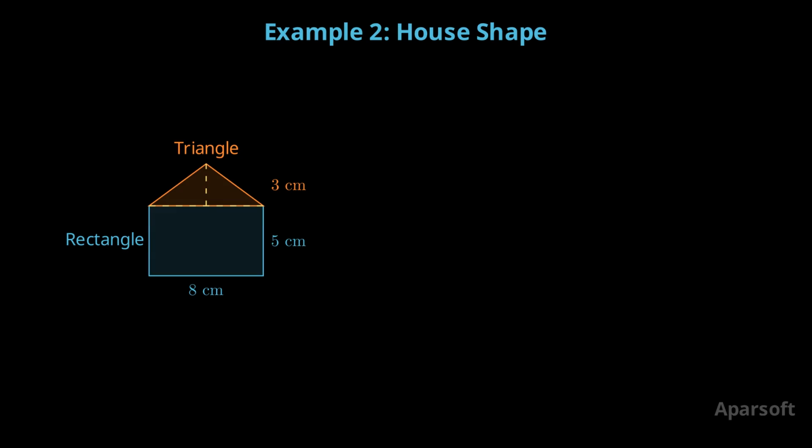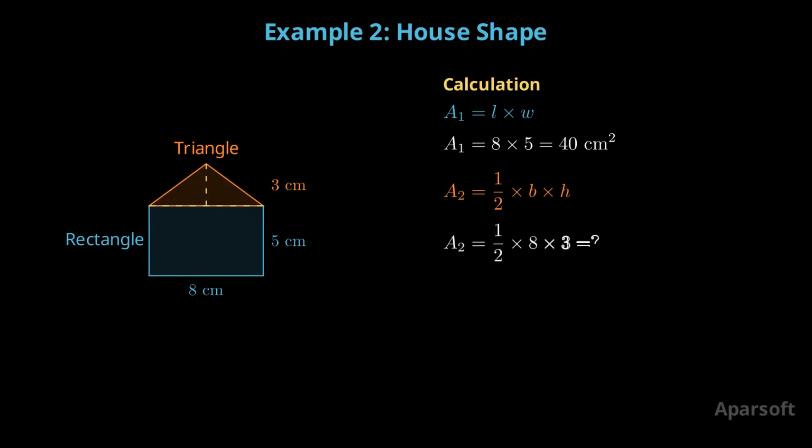Now we can calculate the area of each shape and add them together to find the total area. We know the formula for the area of a rectangle, which is length times width, so 8 times 5 equals 40 square centimeters. And now the triangle. The area of the triangle is half times base times height.